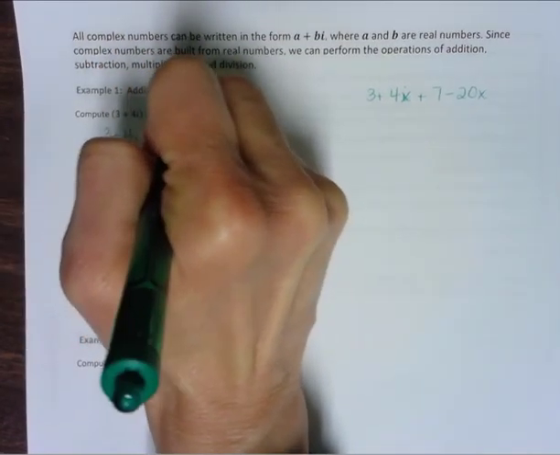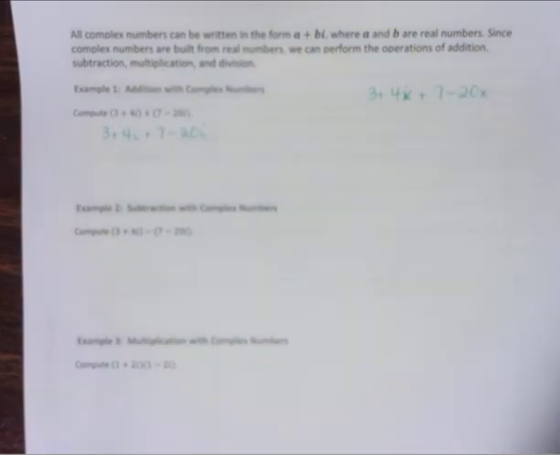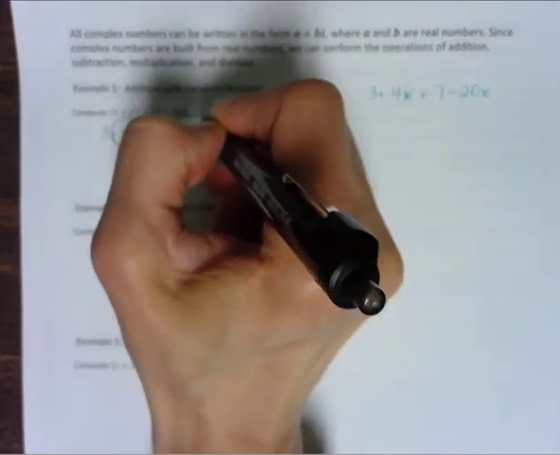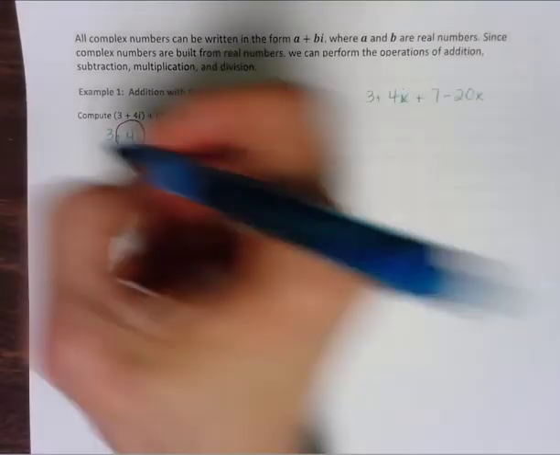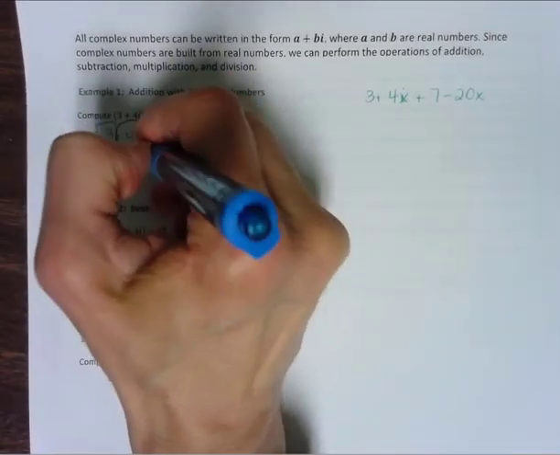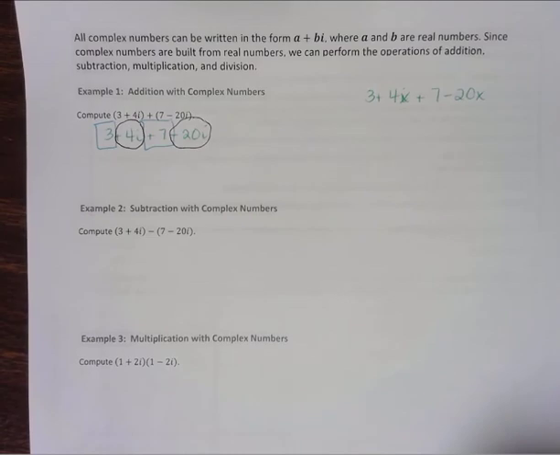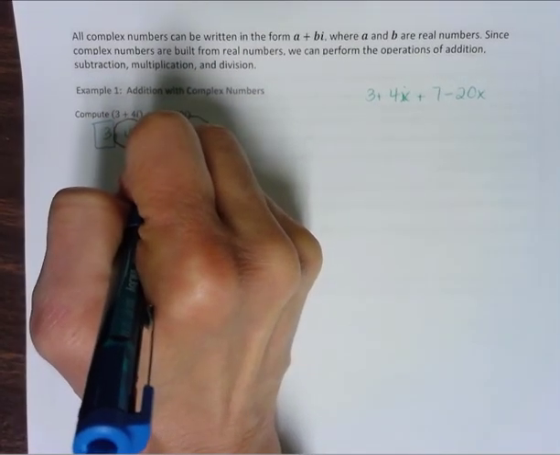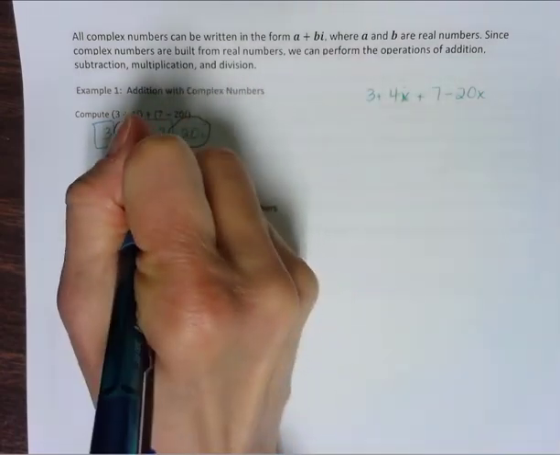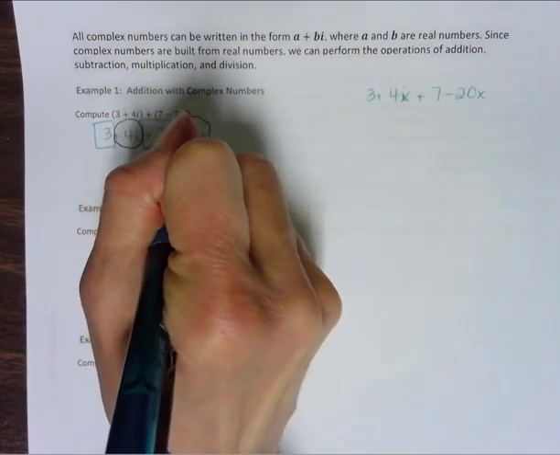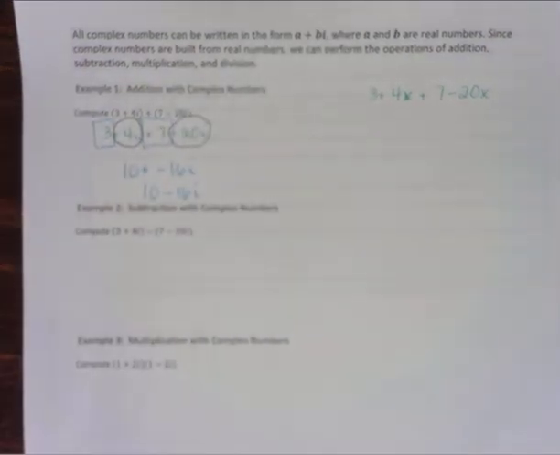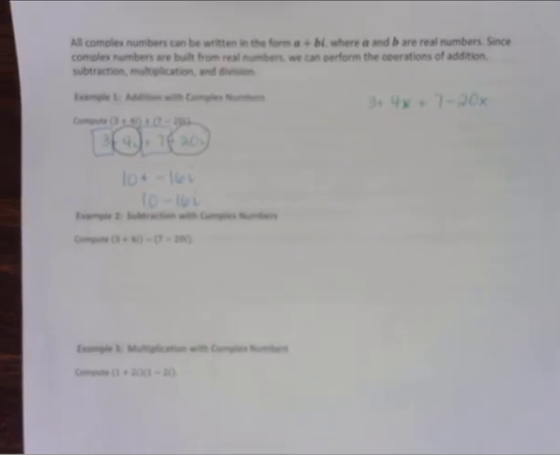In this case, our like terms would be 4i and 20i. And of course, you have your other like terms, which would be the 3 and the 7. So your real parts get combined, your imaginary parts get combined. So we have 10 plus negative 16i, and so we'll just write that as 10 minus 16i.